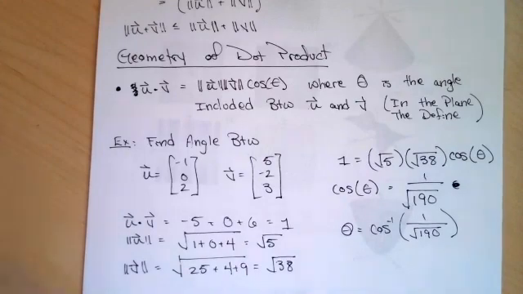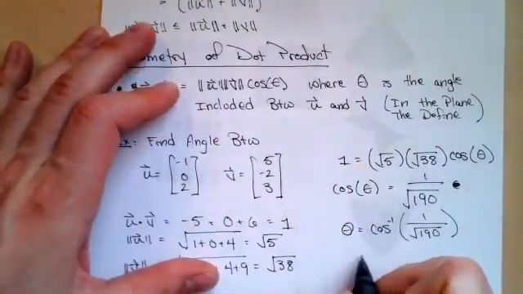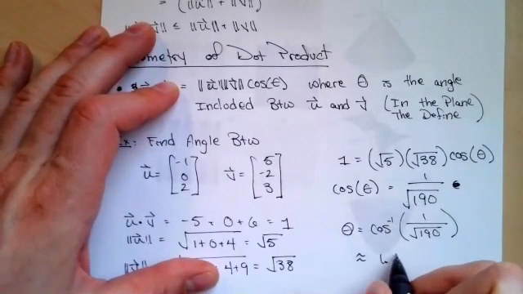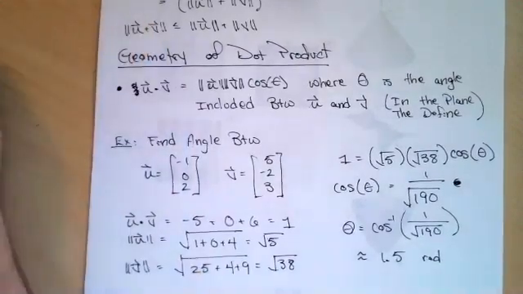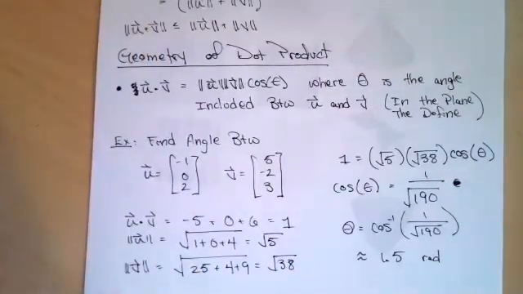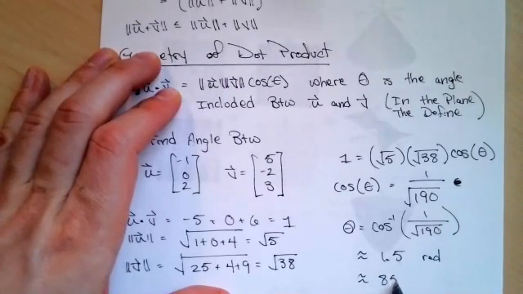Looks like we're getting about 1.498. So this is about 1.5 radians. In degrees, we're getting about 85.8 degrees.